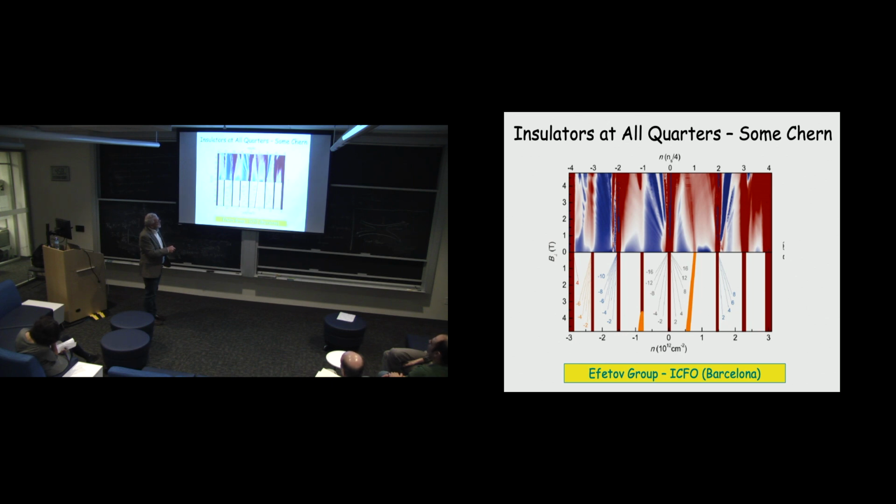That shows that the insulating state occurs at a density that depends on magnetic field. So this shows that the state that we have even here, as a function of magnetic field, will go like this. So it breaks time reversal symmetry.